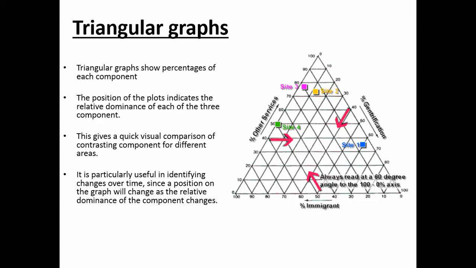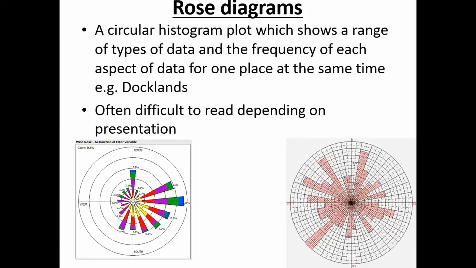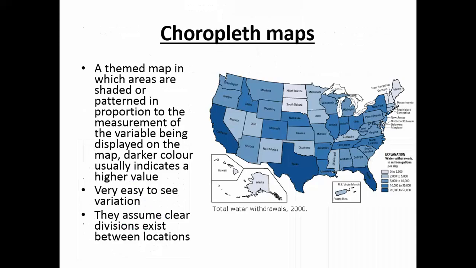That allows you to see and plot different types of patterns. Quite unusual, but you do get them from time to time. We drew these when we were at Seaford and in Docklands with the year 10s. These are our rose diagrams. These allow us to look at a large amount of information and see patterns between them. You can also use these so that they're pointing in directions, so you can see where things are coming from and the proportion things are coming from as well.